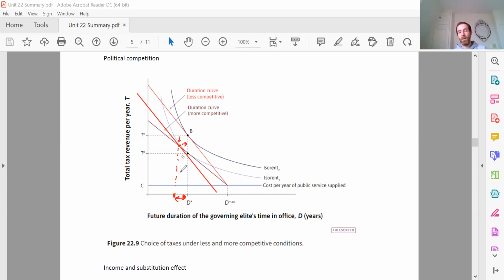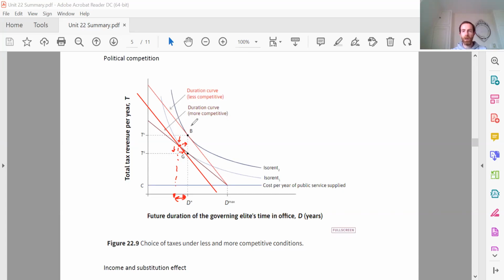And then to get the substitution effect, we see where we have to go from this point here to where we actually end up. That gives us the substitution effect. In this case, the substitution effect lowers the tax revenue even further and causes an increase in the duration of years. So that's how we can break that down.